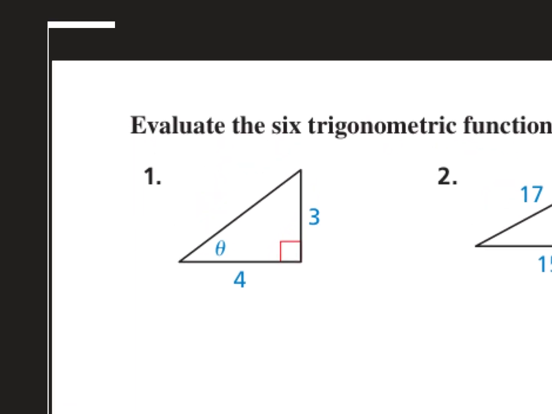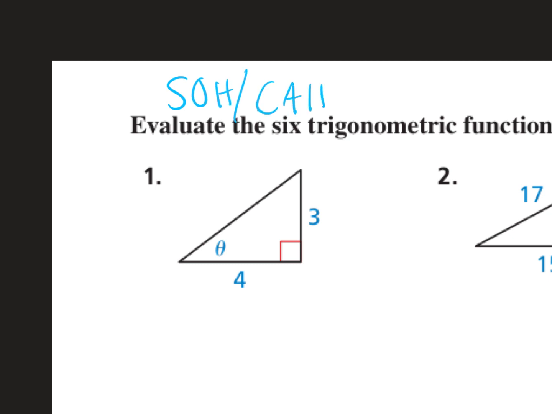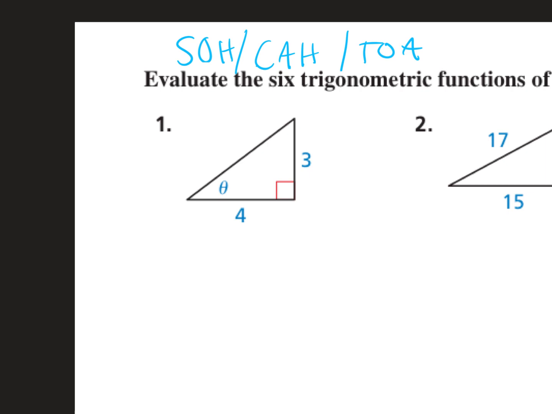So on top, just as a refresher, I'm going to write SOHCAHTOA. So I need to find sine, cosine, and tangent. But before I find any of my trig functions, what do I need to do?